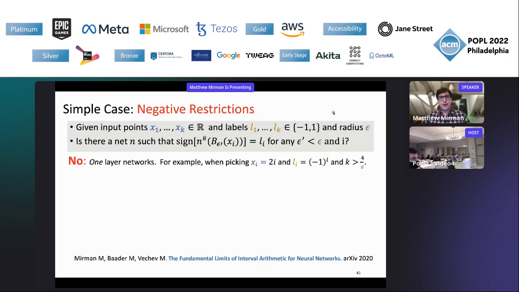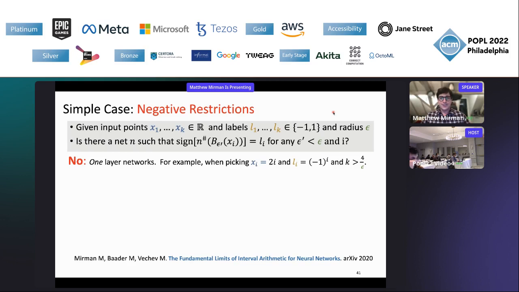Traditional universal approximation works even if you just have one-layer networks. It turns out that you cannot have interval certifiable approximation or classification with only one-layer networks. And to see this, we can pick a data set intentionally. We can construct a data set where you cannot classify that data set certifiably.